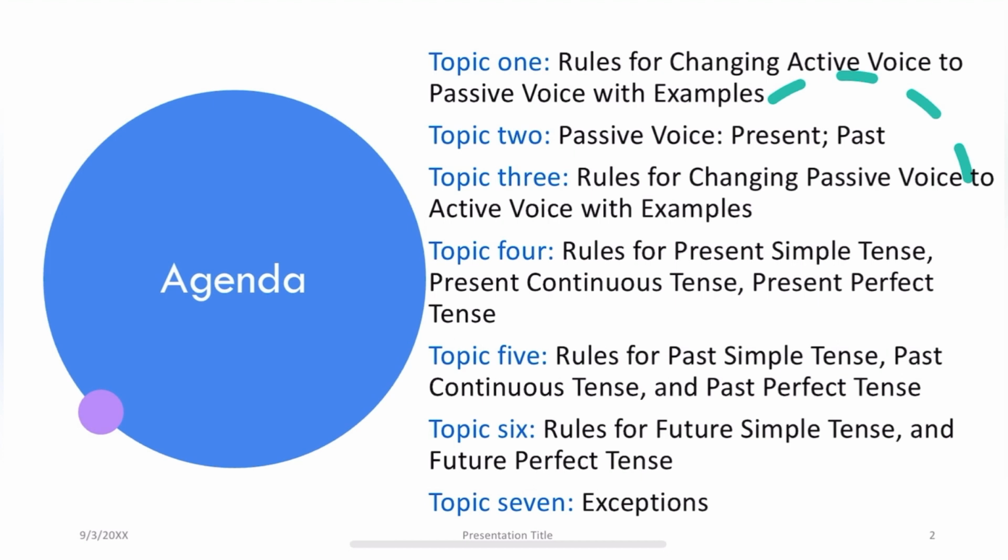Topic number 4 will be rules for present simple tense, present continuous tense, present perfect tense. Topic number 5 will be rules for past simple tense, past continuous tense, and past perfect tense. Topic number 6 will be rules for future simple tense and future perfect tense. Topic number 7 will be exceptions that are not included in the above topics.